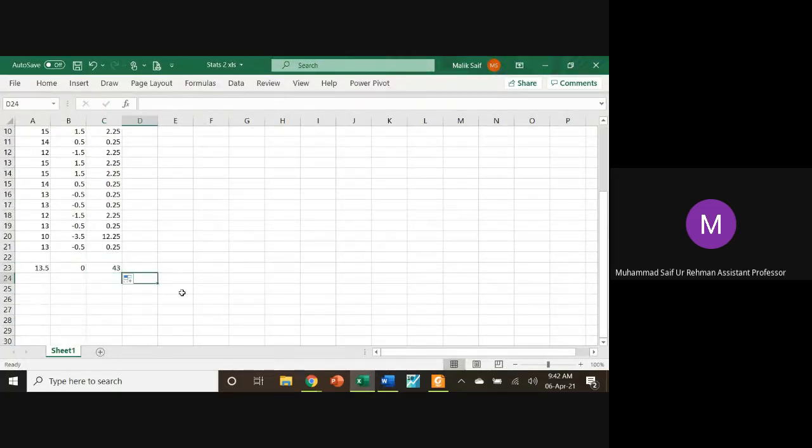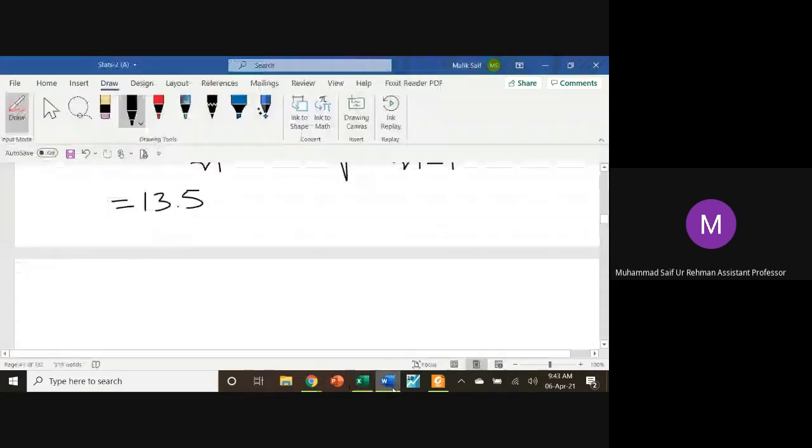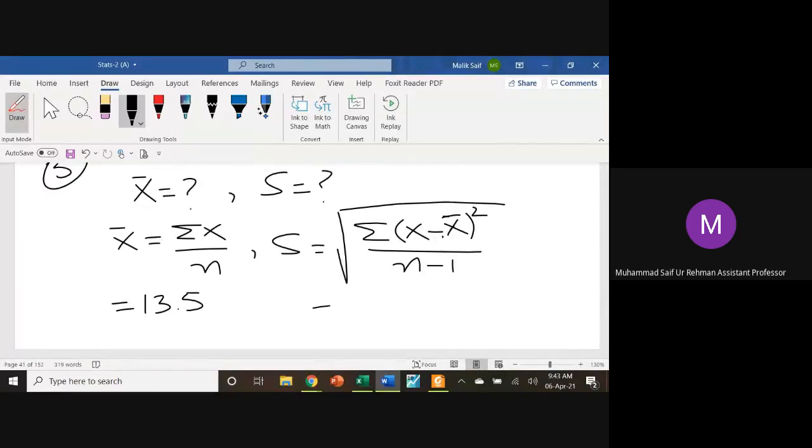Write down this figure, equal to this divided by 19. The answer is 2.263158. So you may take it up to 2.26. So this value is 2.26.